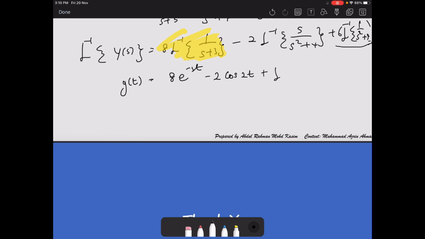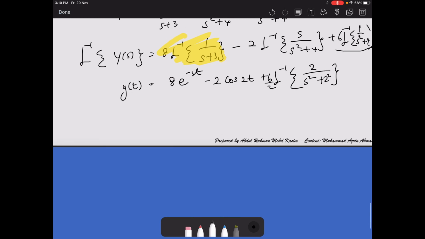We have 6 over here, and you need to put 2 over here since you have 2 squared, and then divide by 2 here. So the answer is 8 e to the power of negative 3t minus 2 cos 2t, plus 3 sin 2t, which is also direct from the table.